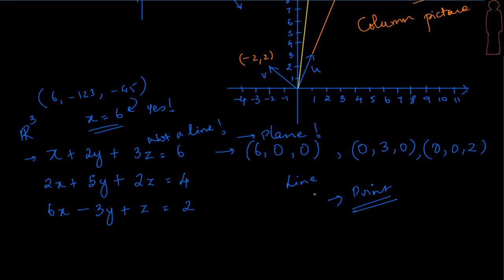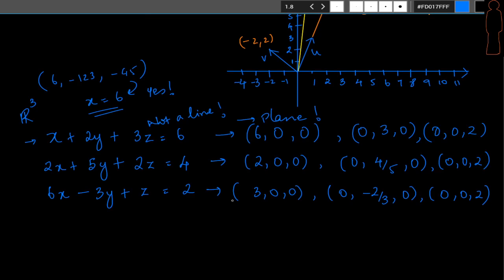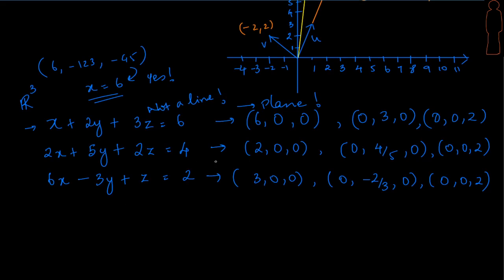Okay, let me attempt drawing this. Now that we understand that these equations represent planes, I figured out the three coordinates, just like how we did for the first equation. I have also written down these points for the other two equations. Let me try and show you how the diagram is going to look, at least for the first two planes.